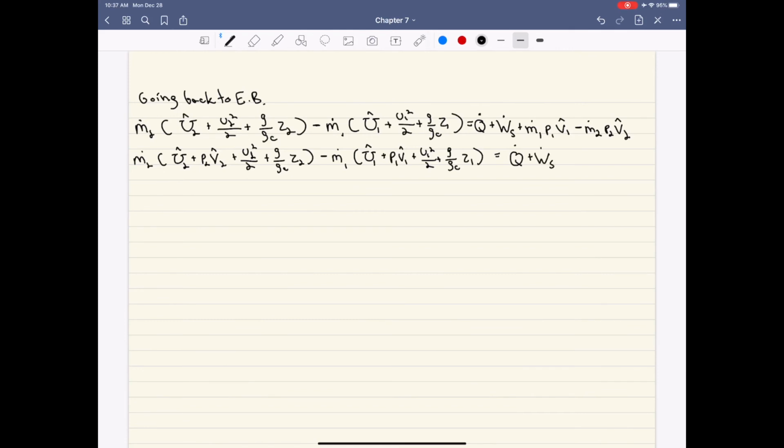Now, that's a lot to write each time, so I'm going to shorten the left-hand side of the equation. This internal energy plus P2 V2 term, we can redefine as something called the specific enthalpy.